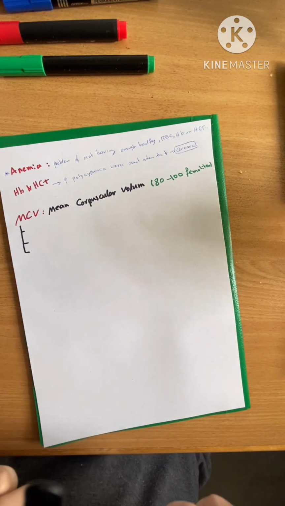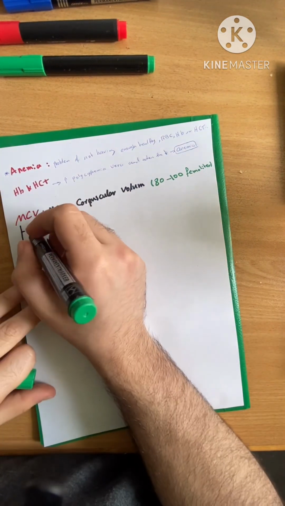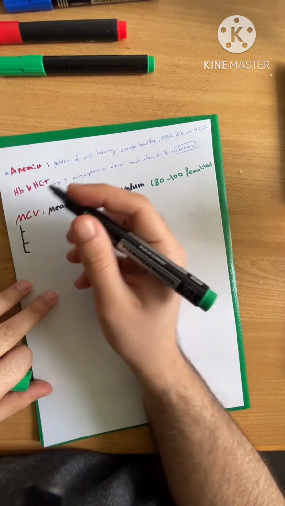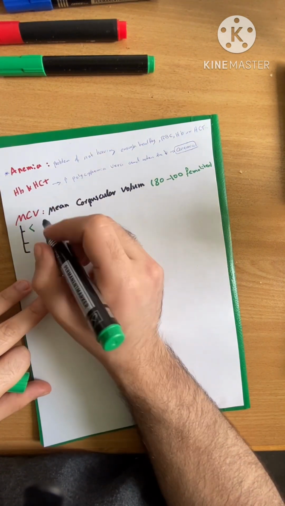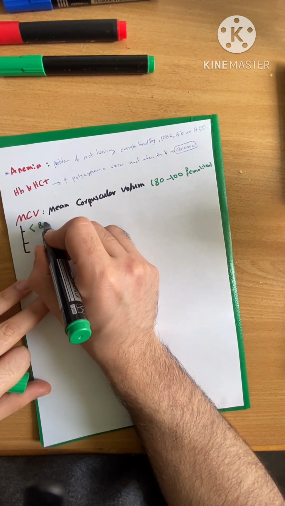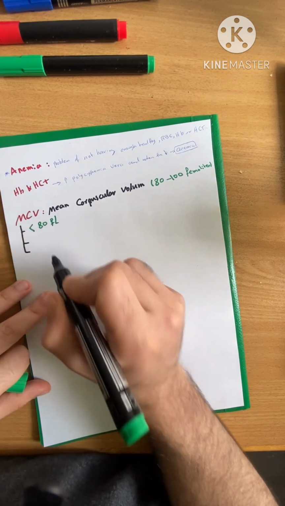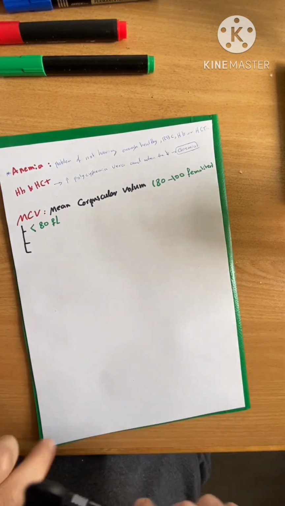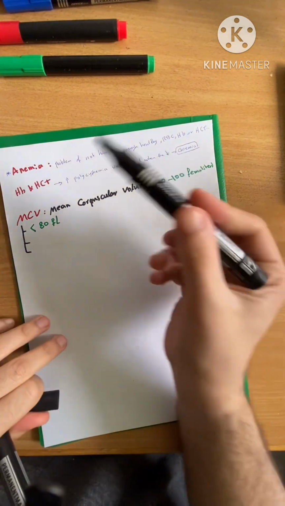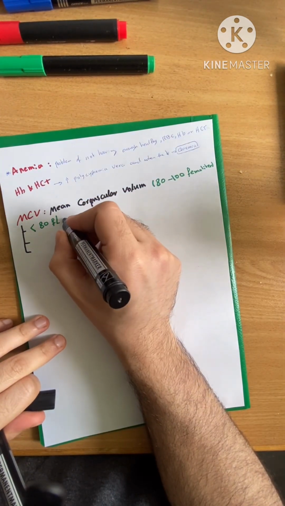First of all, if MCV is smaller or less than 80 femtoliter, which is called microcytic.